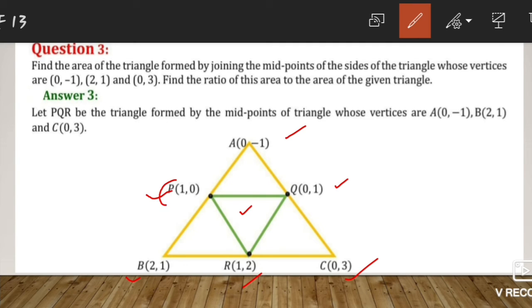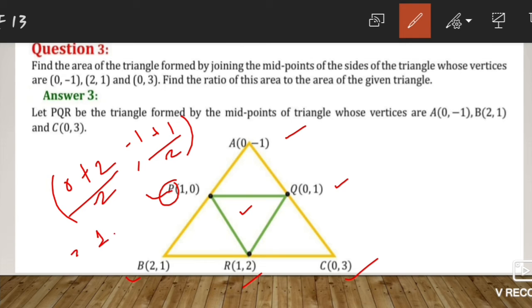Since P is the midpoint of AB, you can find the coordinates of P by the section formula. It will be (0 plus 2) by 2 comma (minus 1 plus 1) by 2, which becomes 1 comma 0. So the coordinates of P are 1 comma 0.